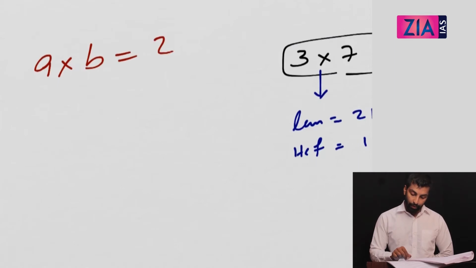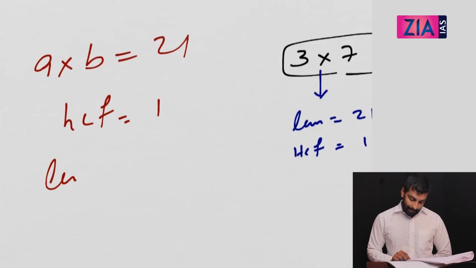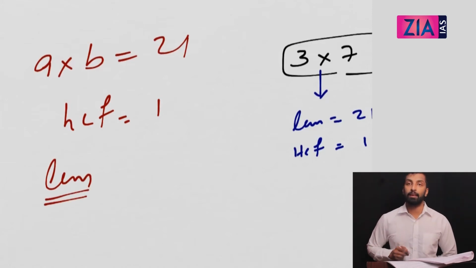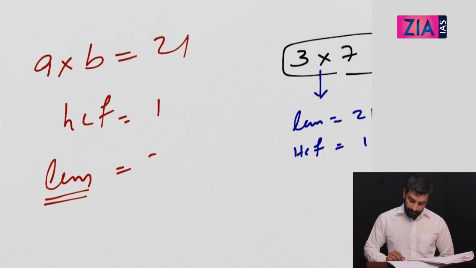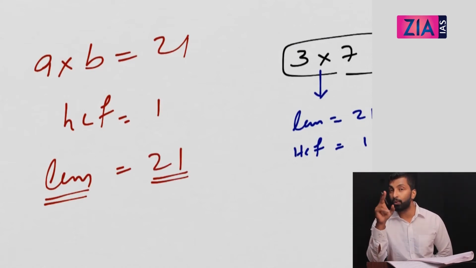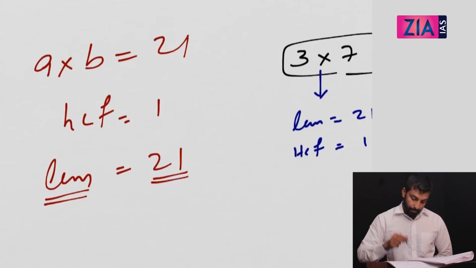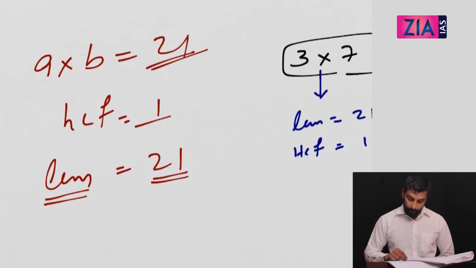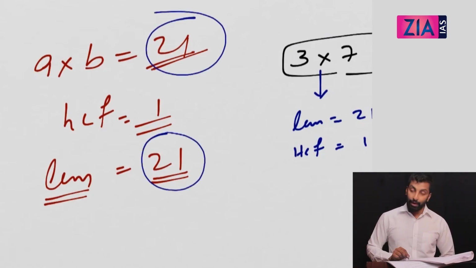A into B is equal to 21 and the HCF is equal to 1. What is the LCM? So here you need to find the LCM without knowing the numbers. But anyway you know the answer. The LCM is 21. Why? Because the product of numbers is equal to LCM into HCF, and the product is given, the HCF is given, so the LCM is direct. Similarly they will give you that the product of numbers is 21 and the LCM is 21.